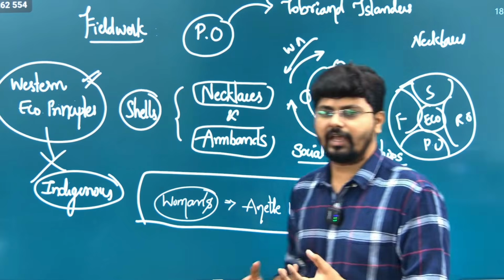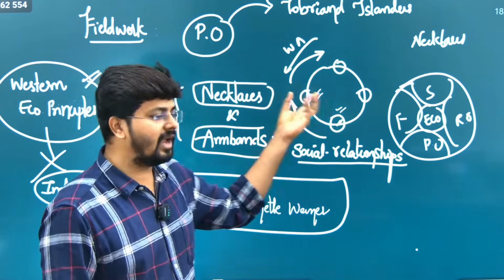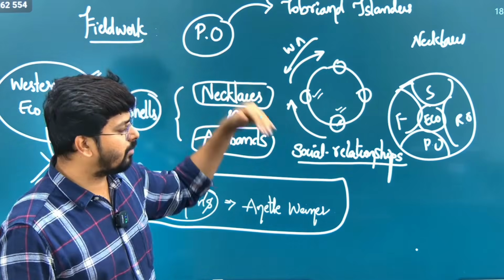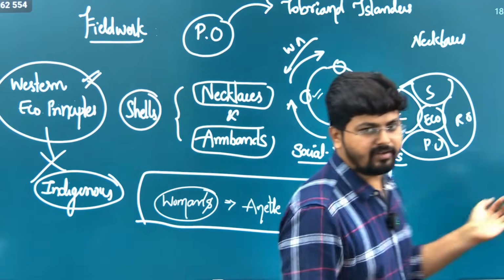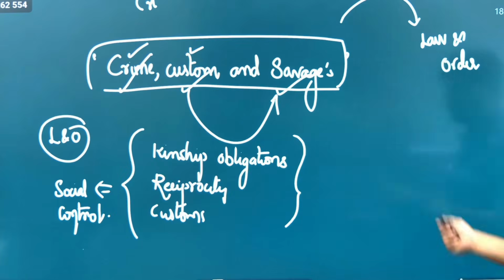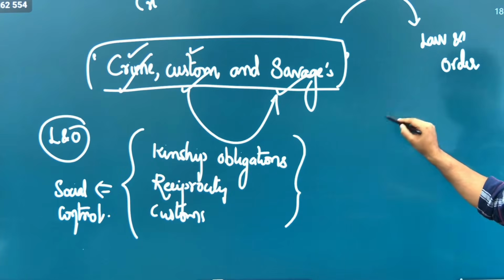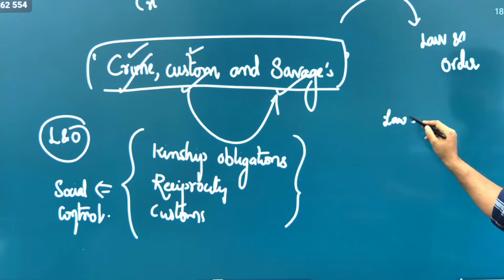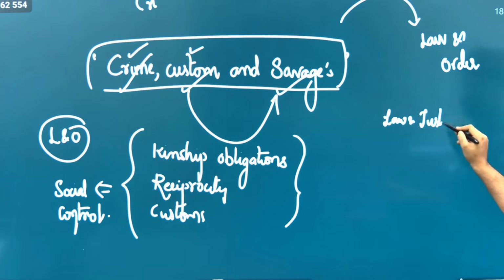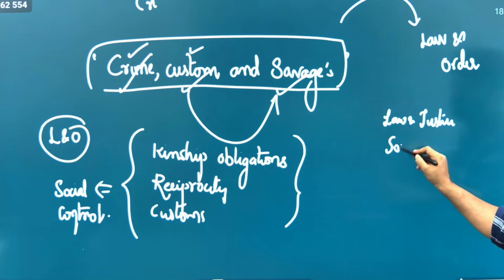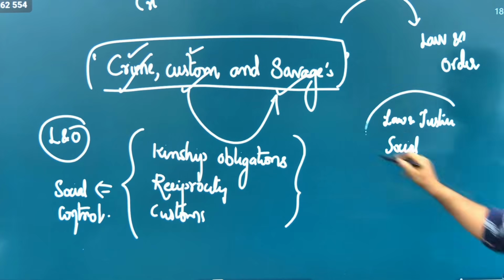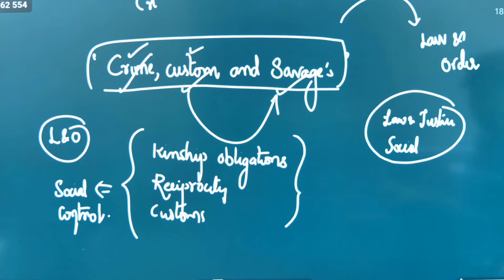That means they are giving and taking. Here, what you notice is balanced reciprocity. So when you write about economy, you have to write this. And when you write about political anthropology, while talking about law and justice in simple societies, or social control among simple societies, you can utilize these works of Malinowski.